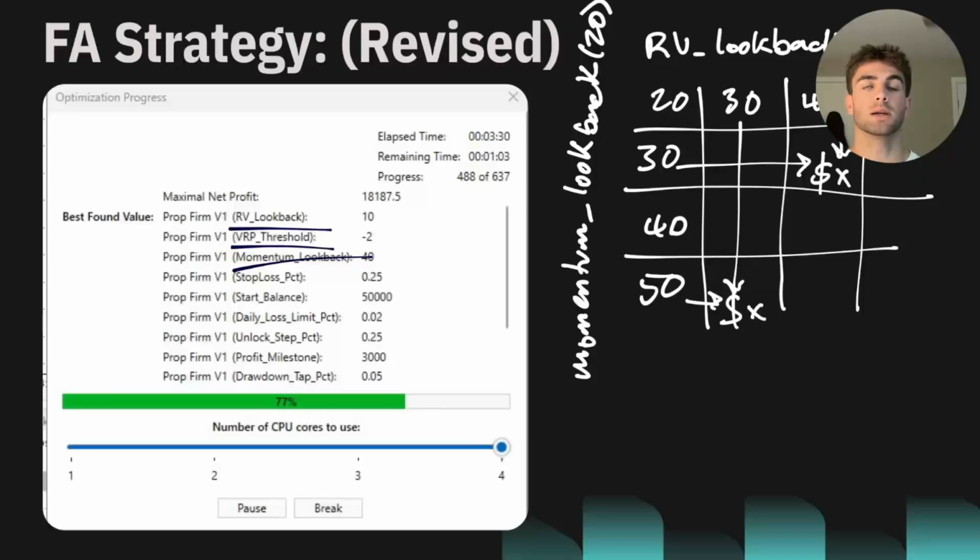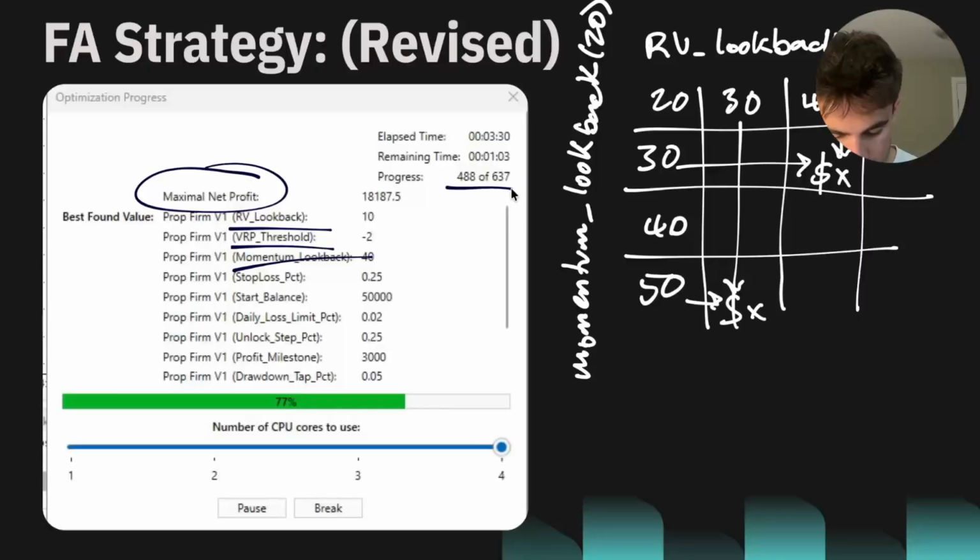It was an exhaustive grid search to try to find the combination or combinations that produce the maximal net profit. As we can see here, the goal was maximum net profit, and the number of combinations I ended up testing was 637 for this initial grid search.